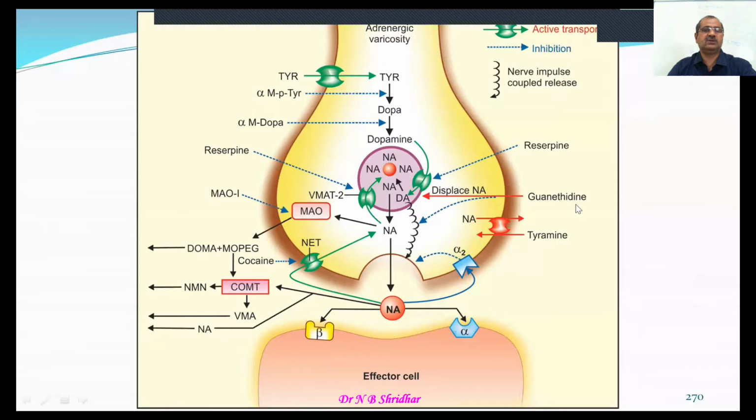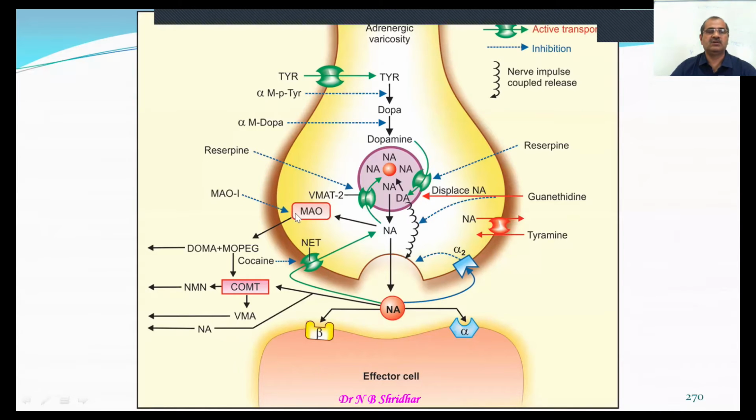Guanethidine displaces norepinephrine from the uptake sites. Ephedrine, amphetamine and tyramine have an exchange mechanism with the norepinephrine outside.